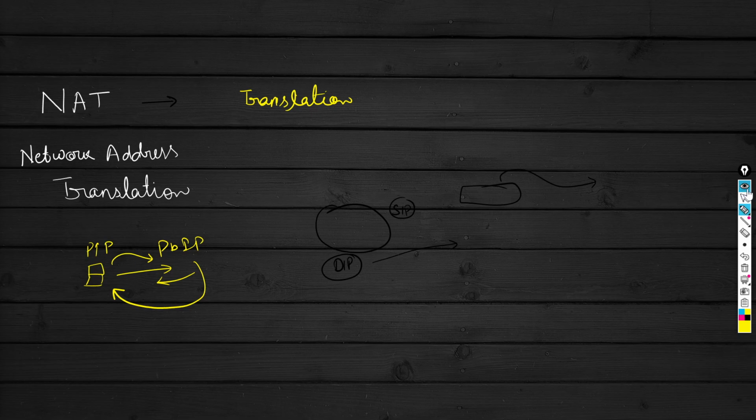Now, if you remember, there are three types of network address translation, and one of them is static NAT. The second is dynamic NAT, and the third is PAT, also known as port address translation or NAT overload.